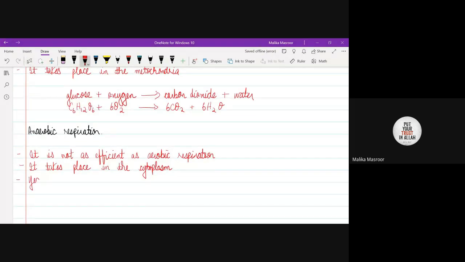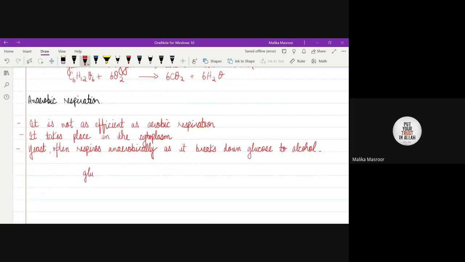Yeast usually respires anaerobically. Yeast is a single cell fungus, so it often respires anaerobically as it breaks down glucose to alcohol. The equation is glucose broken down to alcohol and carbon dioxide.